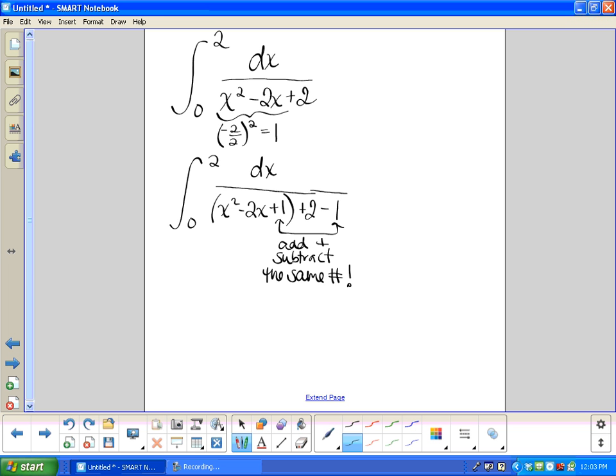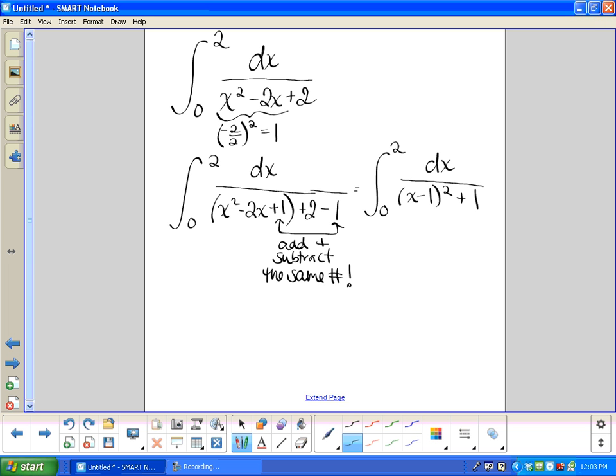Alright, so let's set it up. So this becomes the integral from 0 to 2 dx all over x minus 1 all squared plus 1, because 2 minus 1 is 1.